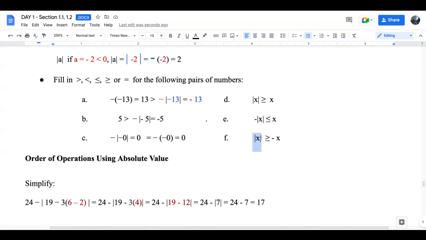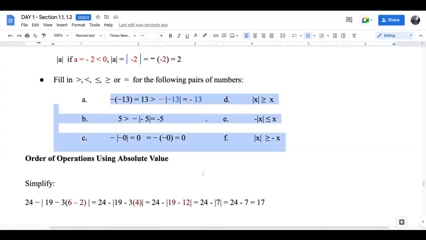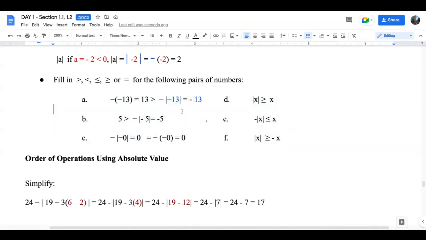Or absolute value of a number is always greater than or equal to negation of the number. You can also use two numbers to convince yourself. So make sure you understand the logic of this. You have homework like that.